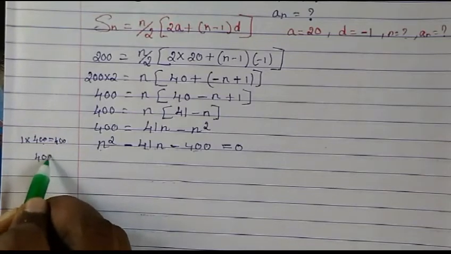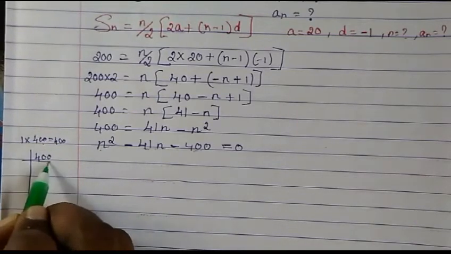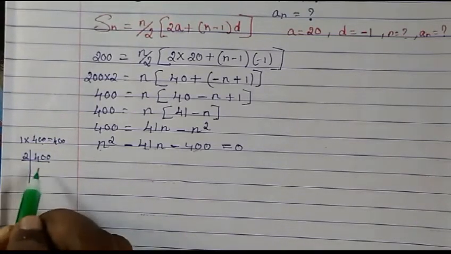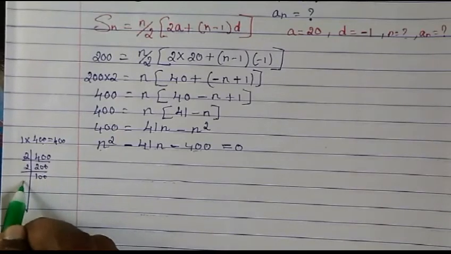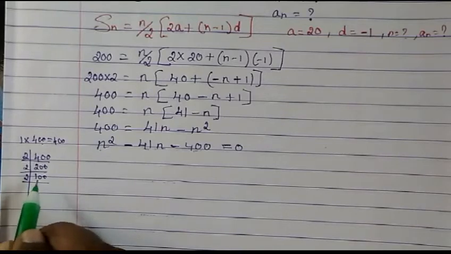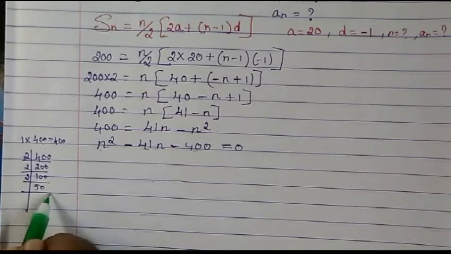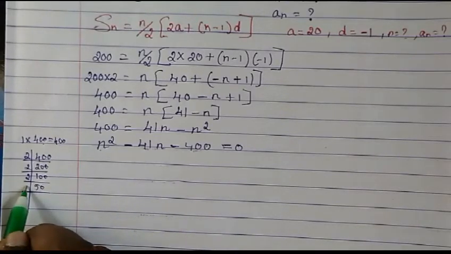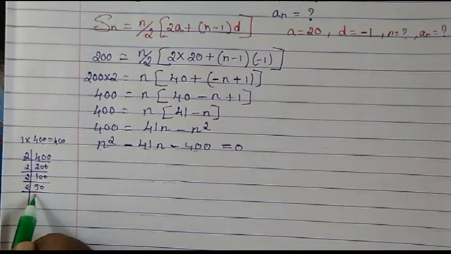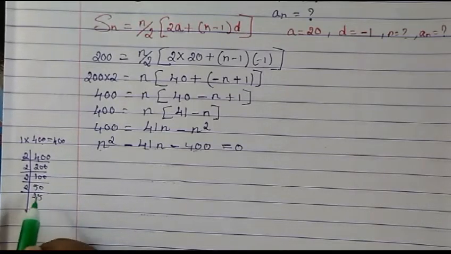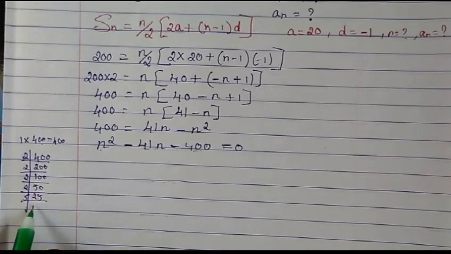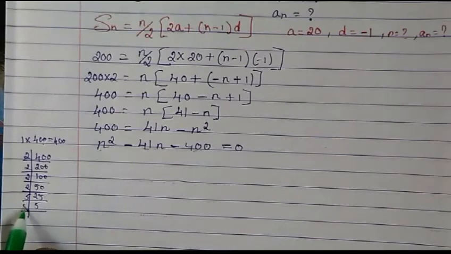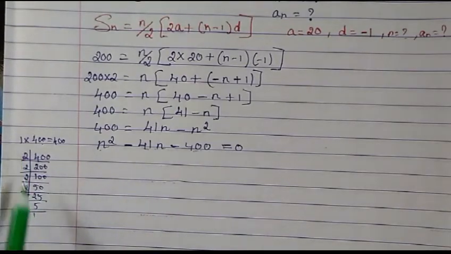Dividing with 2, 2 2s are 4, then 2 will come 100 times, again 2 will come 5 times, then again with 2 you can divide, 2 2s are 4, 5, 25 times 2, 50, then 25 you can divide with 5, so 5 5s are 25, so 5 times 5.